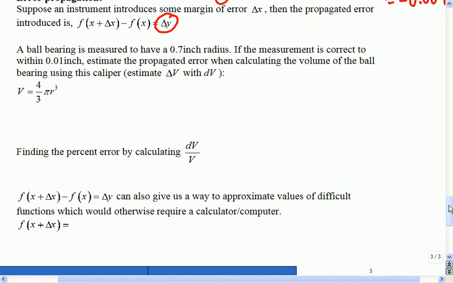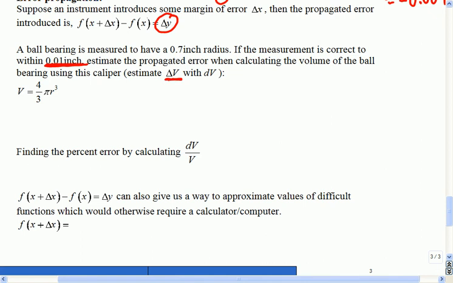But first of all, we don't even really know how accurate that is. Is that accurate enough for our purposes? How much error could that have introduced? Let's say we use this ball bearing and we want to calculate its volume. What we're trying to figure out is how much this error affects the volume.